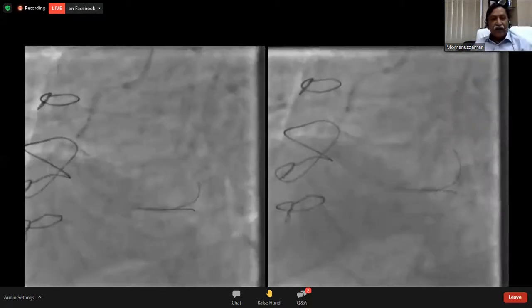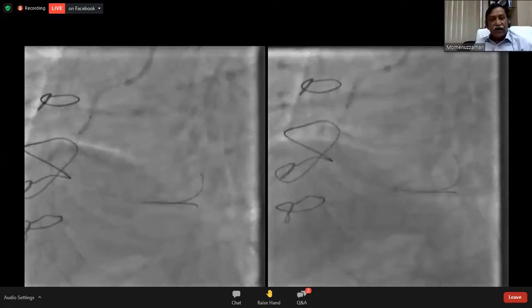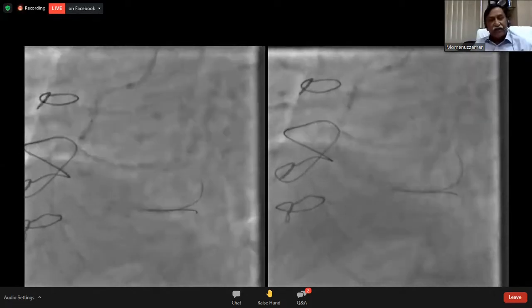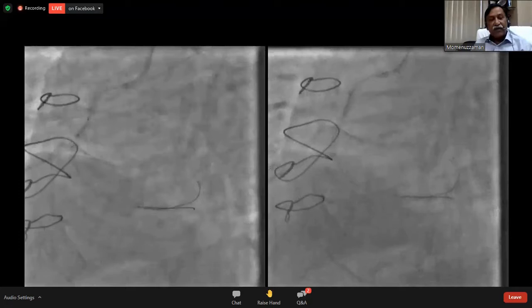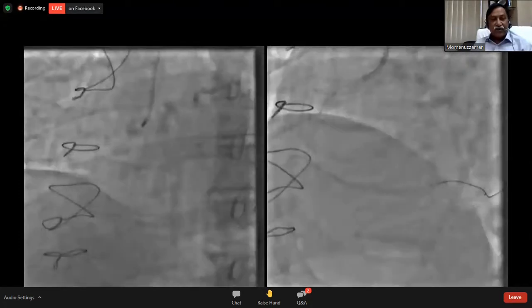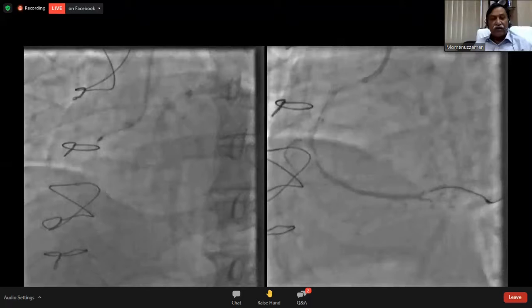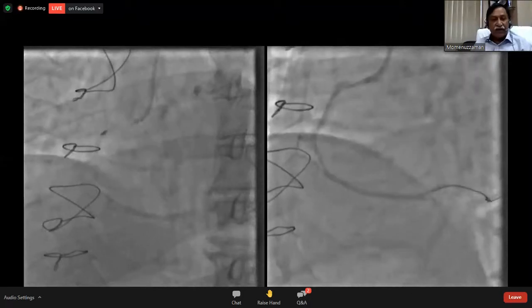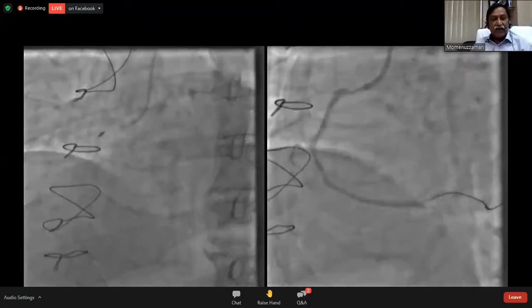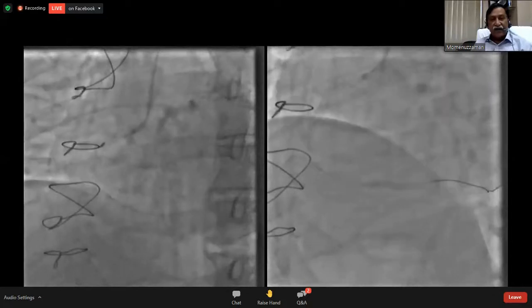I took 2 wires and did the same, and most of the vessel was dilated except the middle part, which is partially dilated with indentation of the balloon. So the next choice was rotablation. I took a 1.5 burr and passed it, and it nicely cut the calcium.